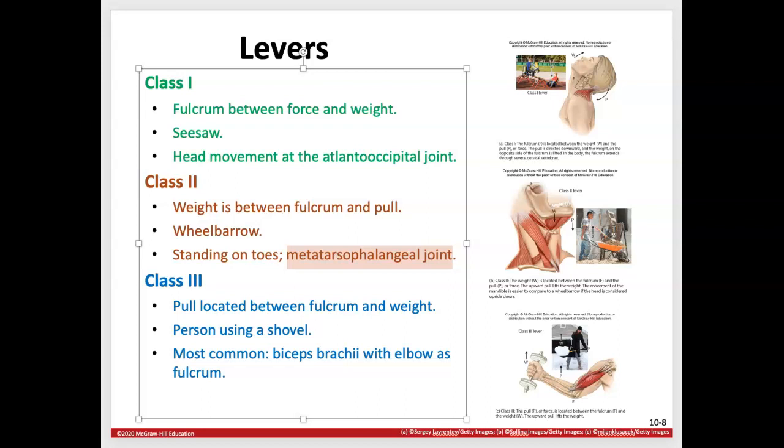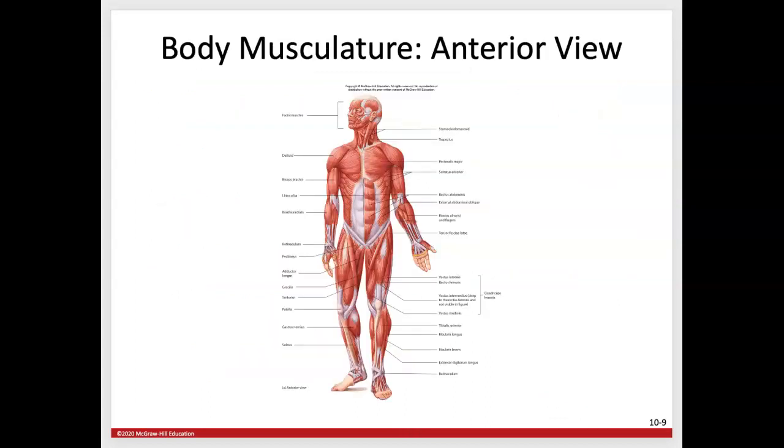Now the last little bit of this, I just put a couple of pictures up because most of the rest of this chapter is going to be covered with the muscle practical, which is identifying the specific muscles that are listed on the muscle checklist that is posted in D2L. So there are, I believe, 40 muscles that you will be required to identify on the muscle practical for lab.